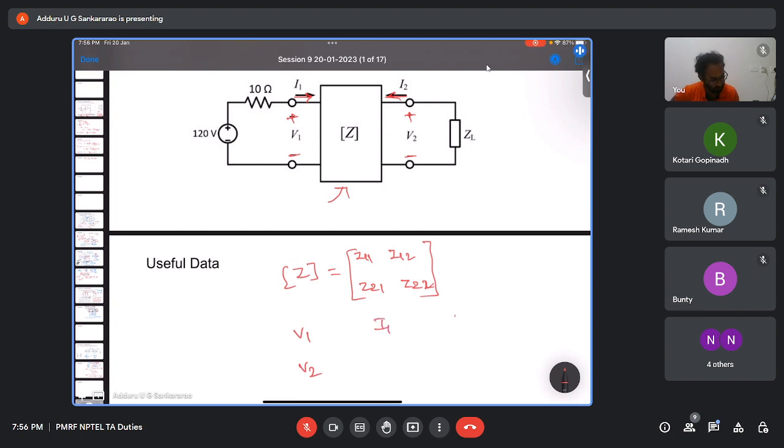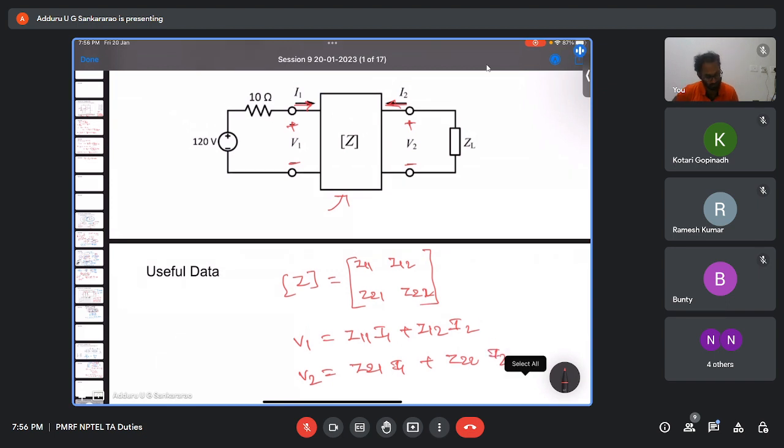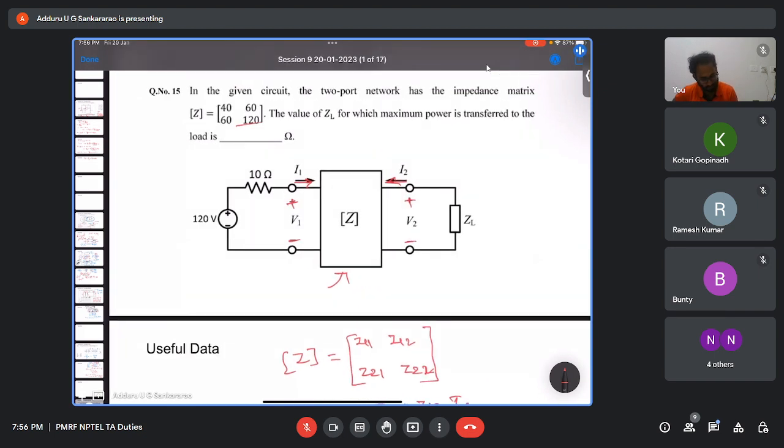V1 is Z11 I1 plus Z12 I2, and V2 is Z21 I1 plus Z22 I2. Now they have given Z11, Z12, Z21, Z22 as 40, 60, 60, 120.